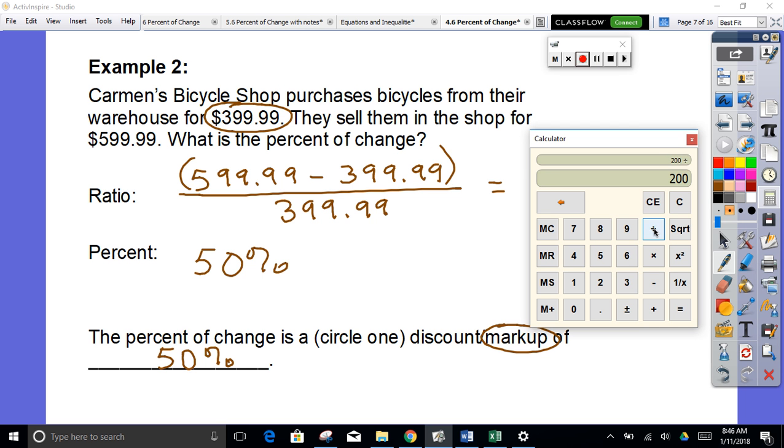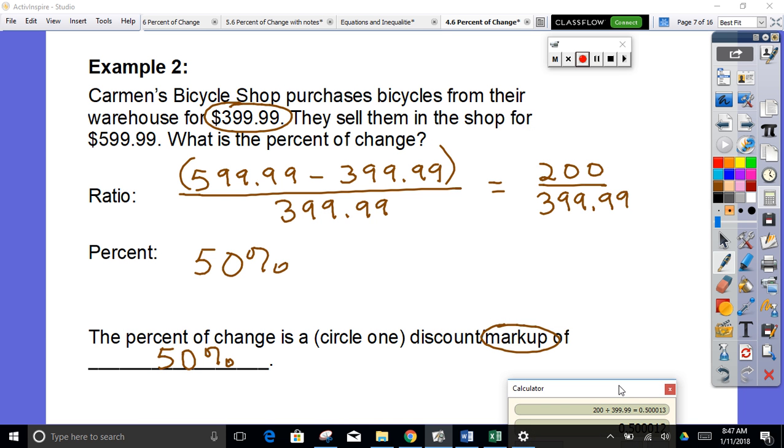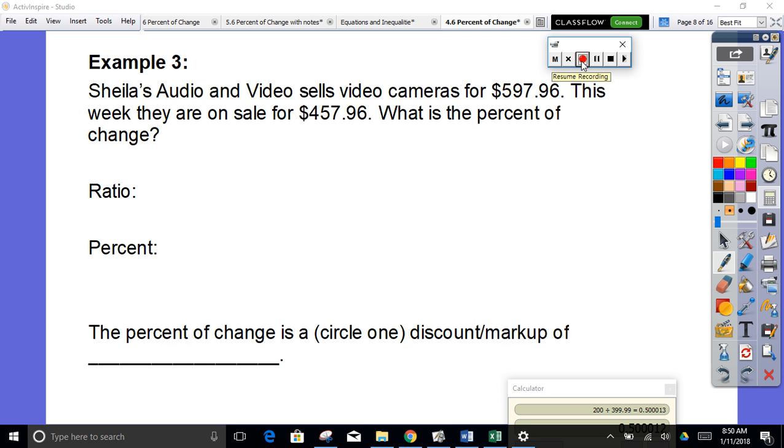And then you divide this by 399.99. Okay? So be careful of that. I'm not gonna delete my calculator this time. All right, the next two problems I would like you to try on your own, and then we will talk about them. All right, let's go over this.